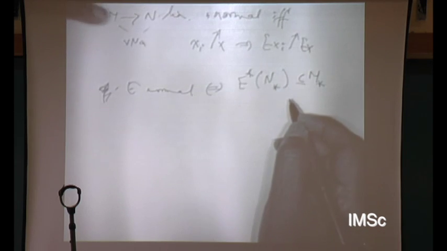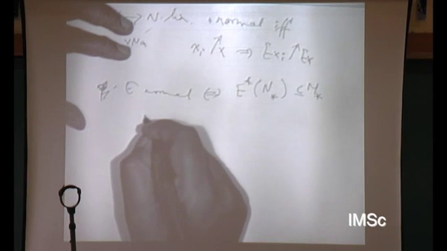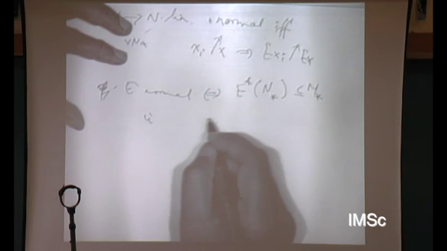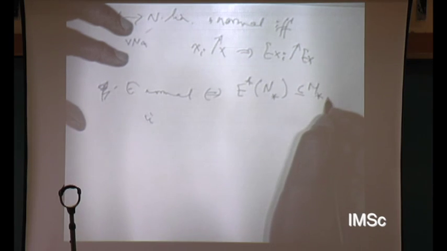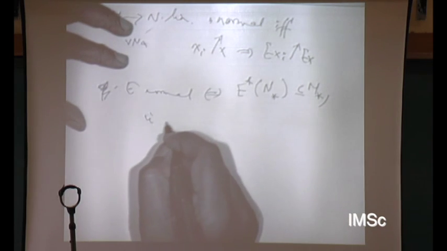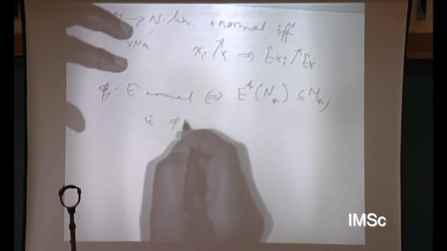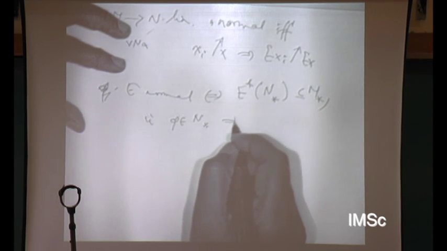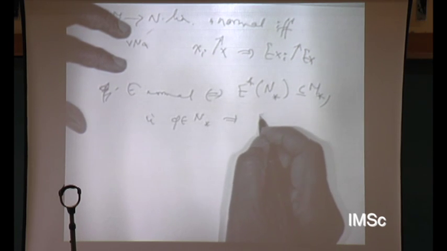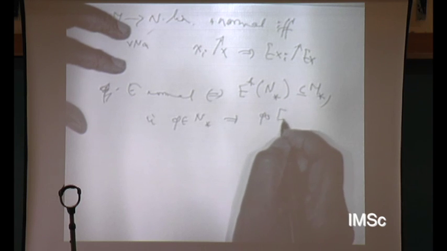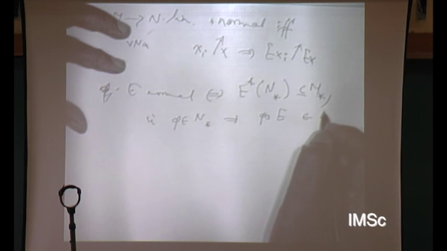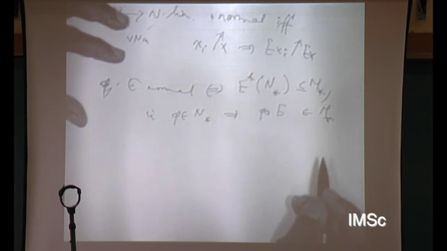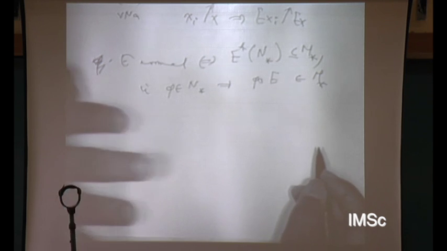That means if I take phi in N star, it implies phi composed with E is in M star. So this is what I have to check.